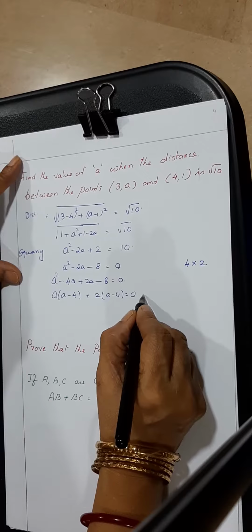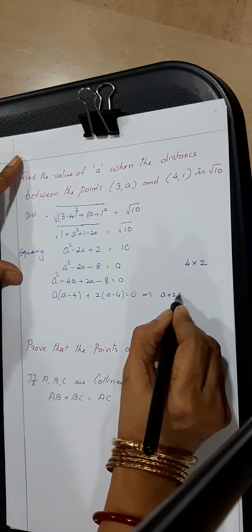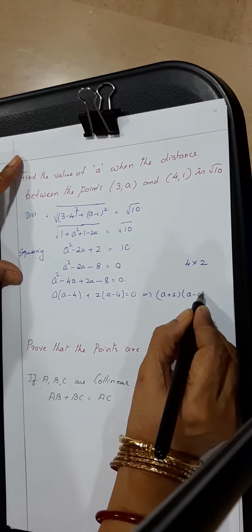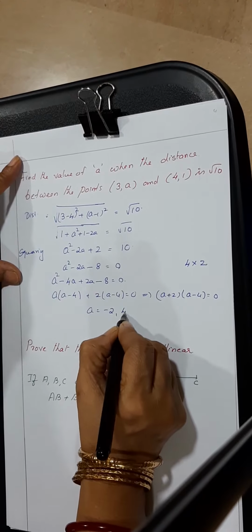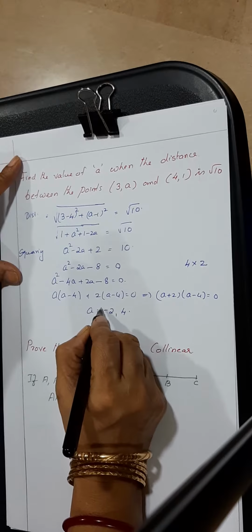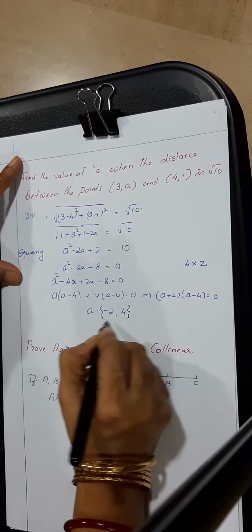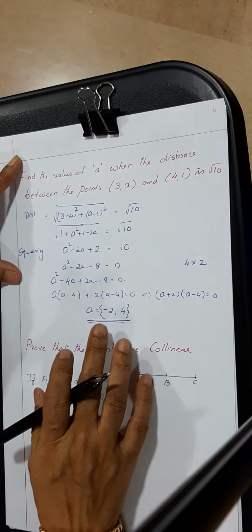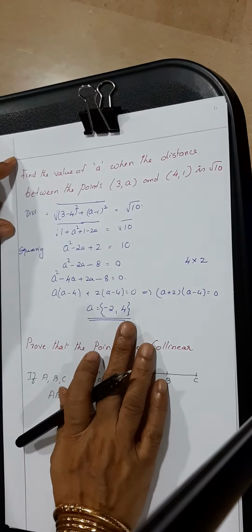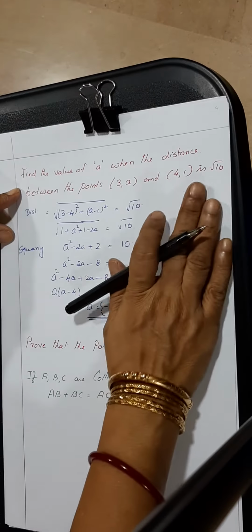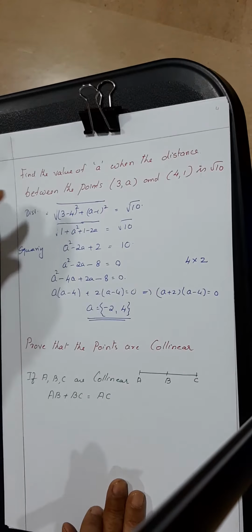So this is (a plus 2) into (a minus 4) equal to 0. So the value of a is equal to minus 2 or 4. So you have two values, a is equal to minus 2 or 4. For both the values your distance will be root 10.